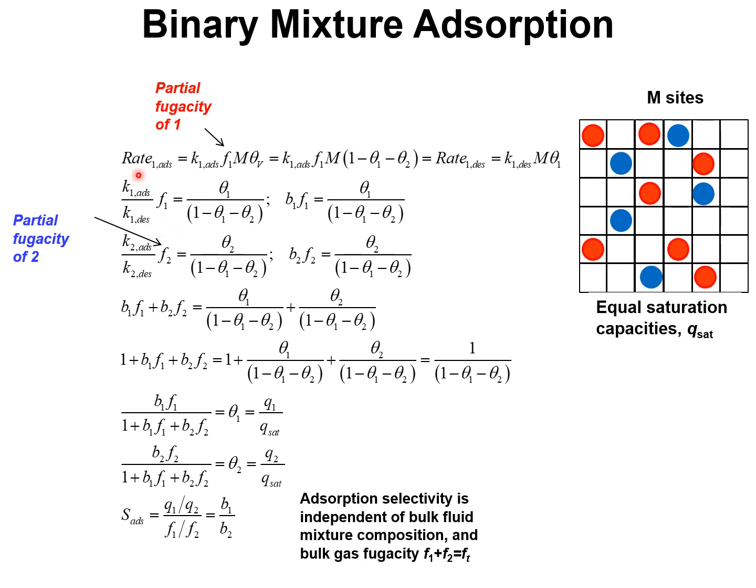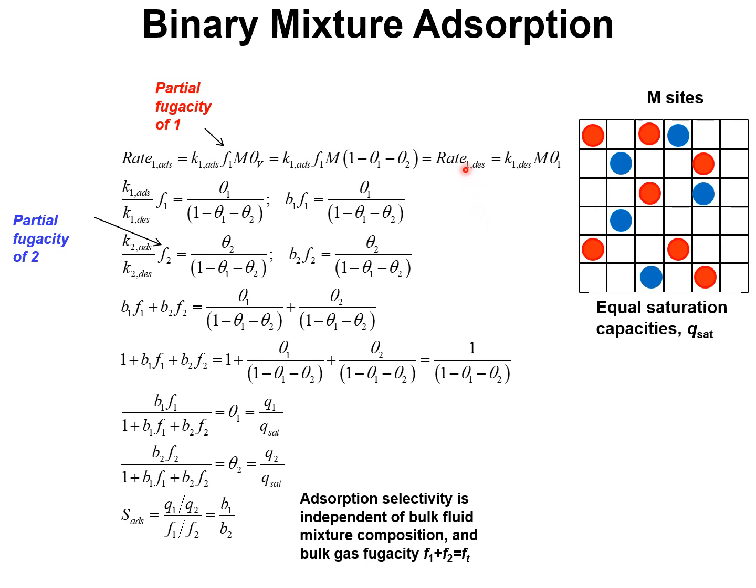We can write the expressions for the rates of adsorption and desorption of component 1. The rate of adsorption of component 1 is proportional to the number of vacant sites that are available, which is the total number of sites times the fractional vacancy. And the fractional vacancy is 1 minus theta 1 minus theta 2.